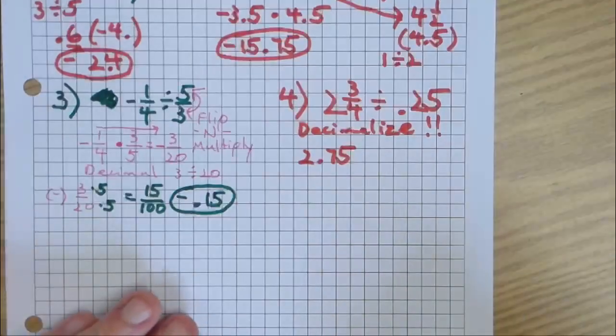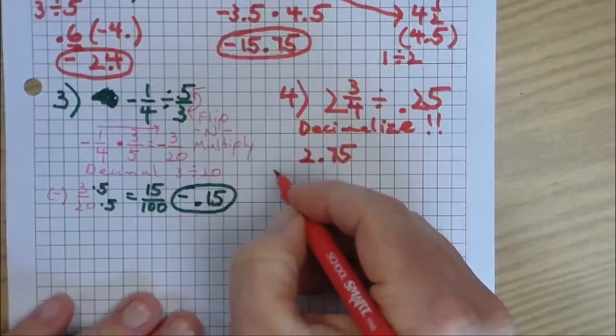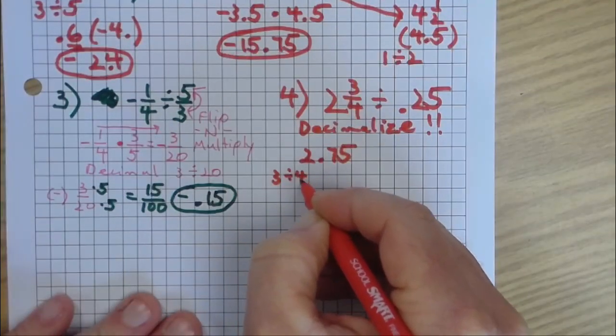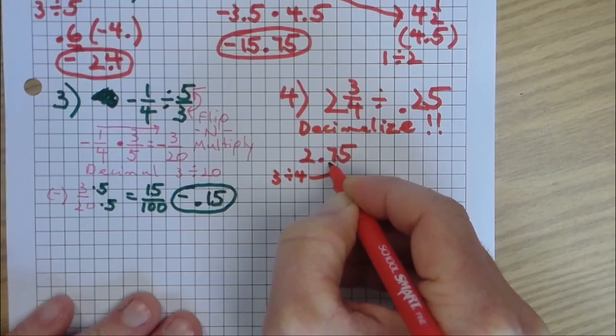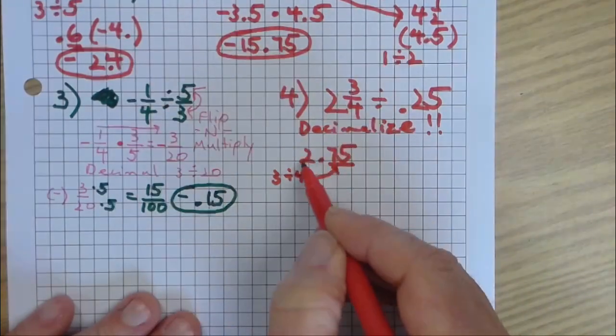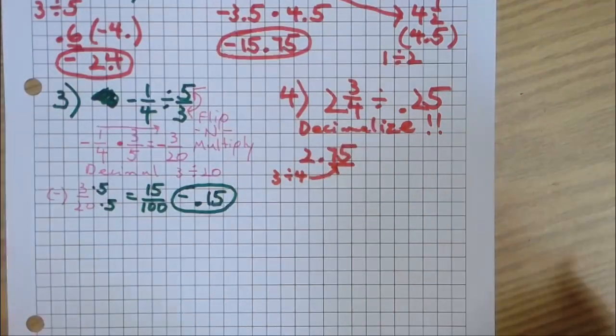You can go ahead and do that. And if you're not sure about that, 3 divided by 4 on the calculator will give you that decimal, and then the 2 is the 2.